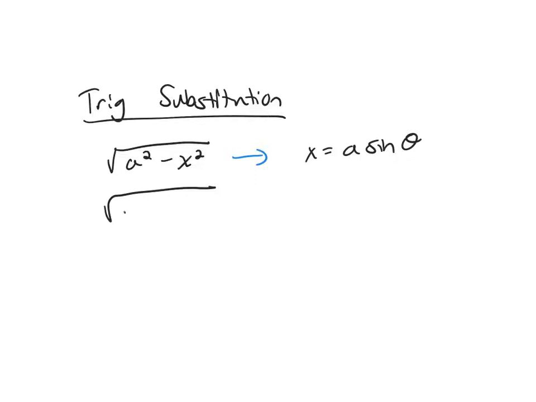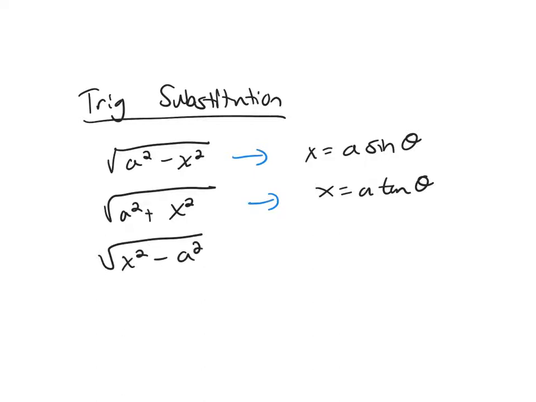If you have a square root of a squared plus x squared, it'll be x equals a tangent theta. And finally, if you have x squared minus a squared in your integral, your substitution would be a secant theta.